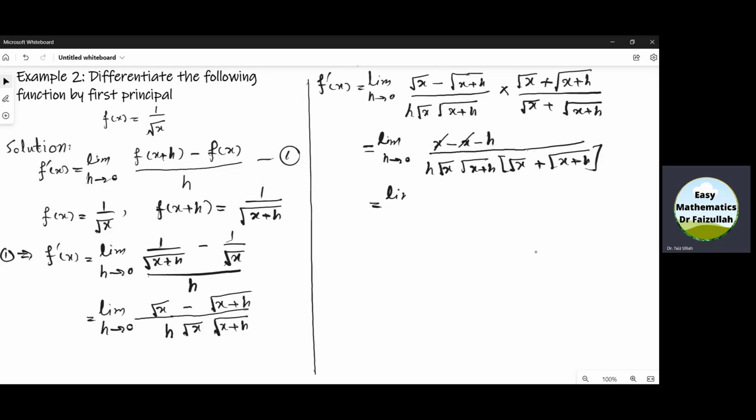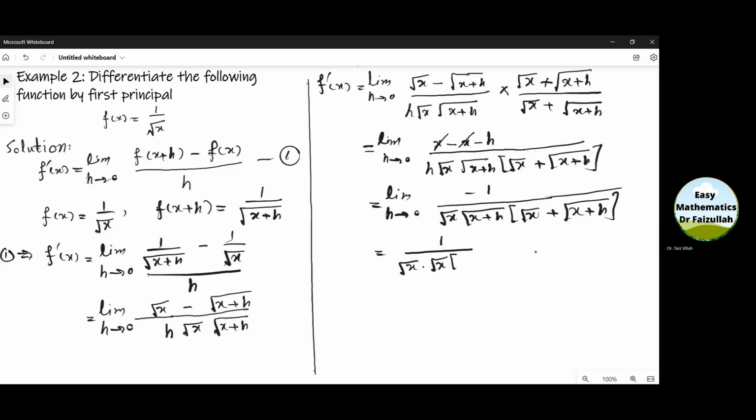So we have limit h approaches 0, minus 1 over under the root x under the root x plus h into under the root x plus under the root x plus h. Now applying the limits, we just put h is equal to 0. So we have under the root x into under the root x, and then we have under the root x plus under the root x.